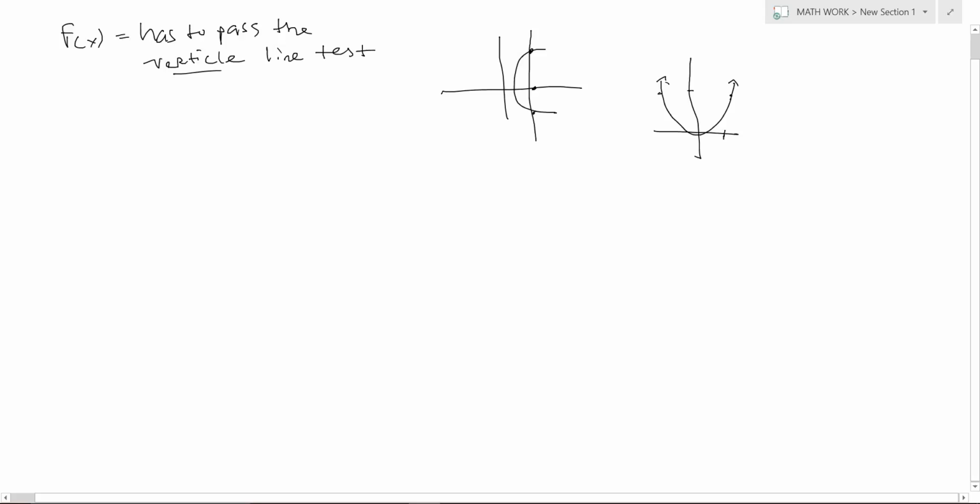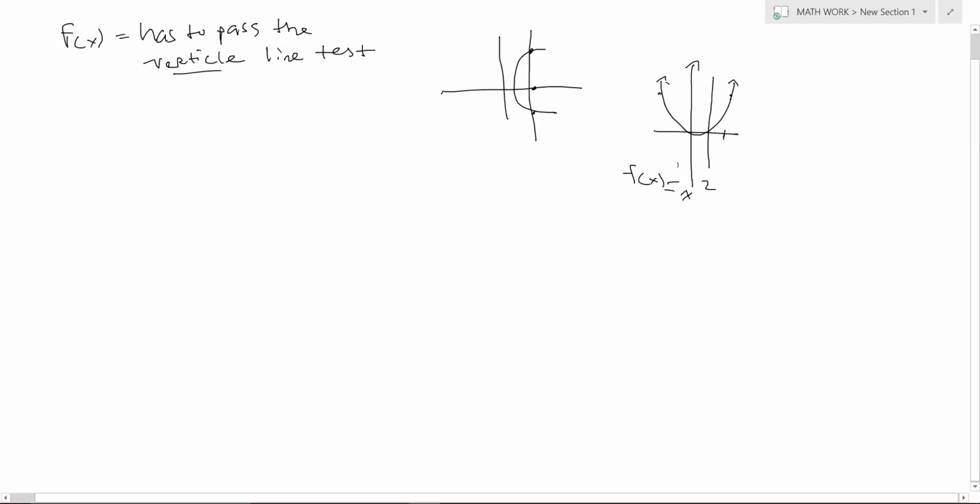Now, this is a function, again, because it passes the vertical line test. Oh man, I tried to draw a vertical line. You guys get the point. This is the axis. All right. Okay, so this is a function right here. Function equals x squared, right? That's fine.